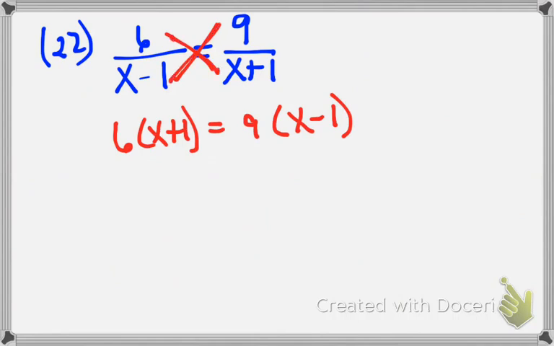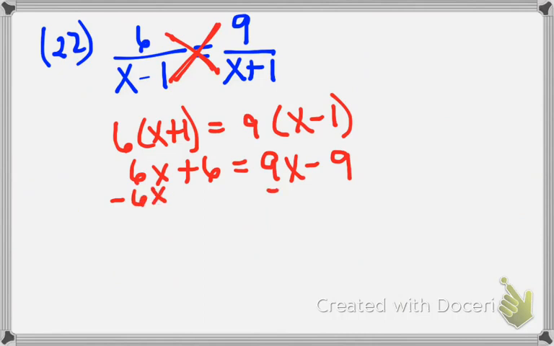Flip-flop. Okay, so on my left side I have 6x plus 6, and on the right side, I'm going to have 9x minus 9. My goal here is to get x by itself. So I'm going to subtract 6x from both sides so that the x's will be together.